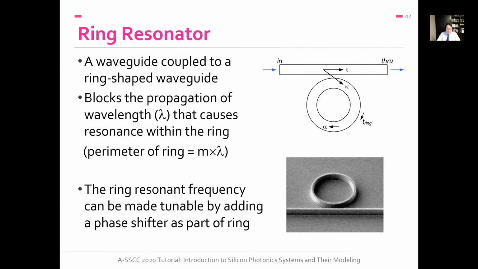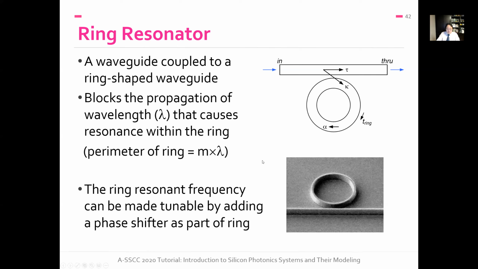So that's basically a resonance. In that case, the energy of the incident wave can be trapped within the ring and doesn't get out, right? So from the outside point of view, it looks like you're blocking the propagation.